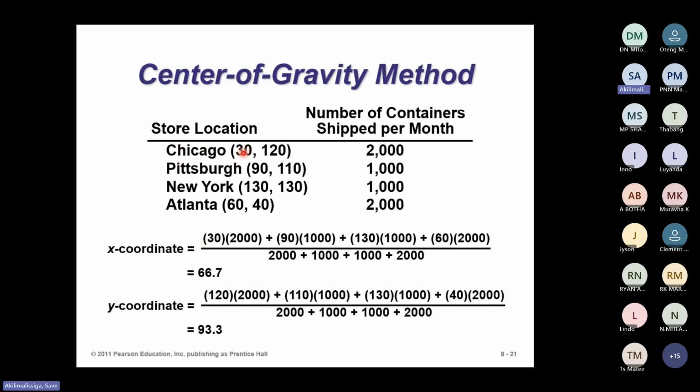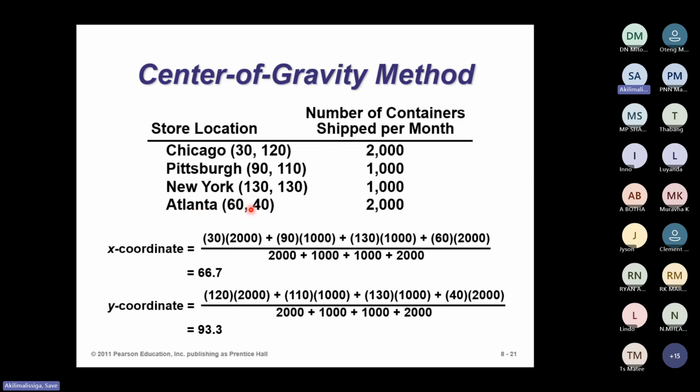For Chicago, you have 30. 30 multiplied by the number of containers moved to Chicago. So that is 2,000. So that's why you have 30 multiplied by 2,000. Pittsburgh, you have the x coordinate of 90. So 90 multiplied by 1,000. New York, you have 130. 130 multiplied by 1,000.